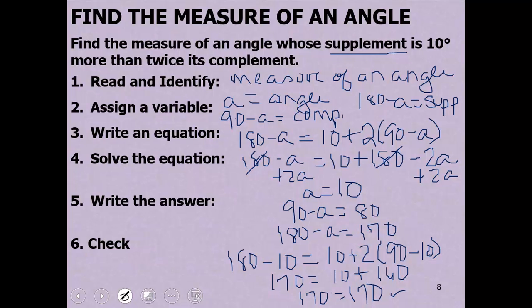If I take twice the complement, 2 times 80, and I add 10 to it, I get 170. And that's what my supplement was. This kind of feels a little messy, but just stick with what you know. You have an angle, you have a relationship for the complement of an angle, and you have a relationship for the supplement of an angle.